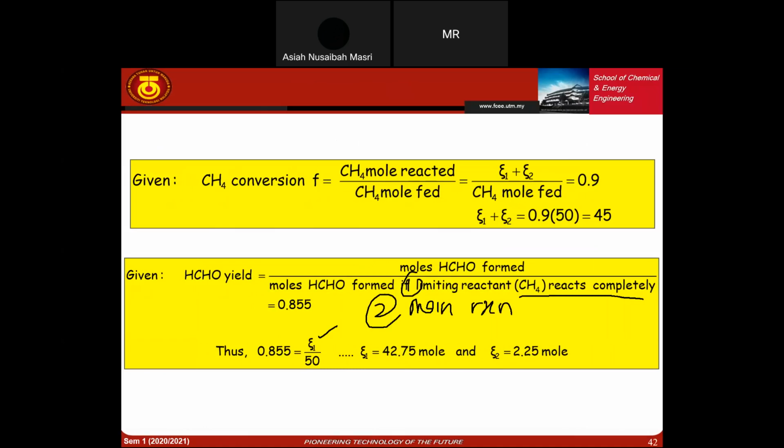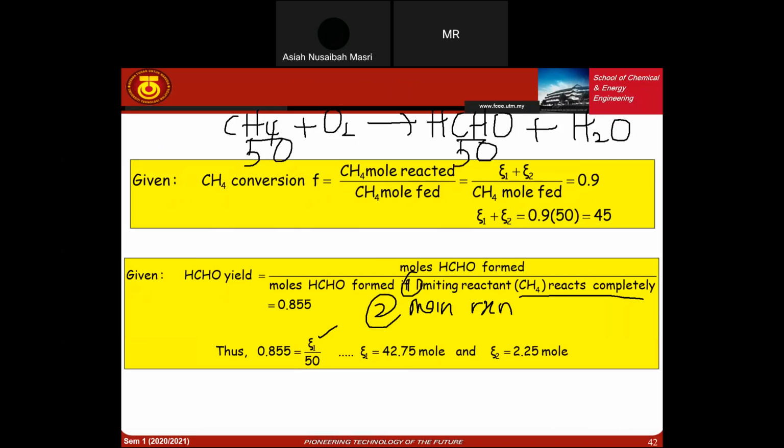How do you know? You go back to the chemical equation. That will be the main chemical equation, which is CH4 reacting with oxygen to get HCHO plus H2O, as in the question just now. So we have here one CH4 should produce one HCHO. Currently we have 50 CH4, so 50 HCHO should be produced.